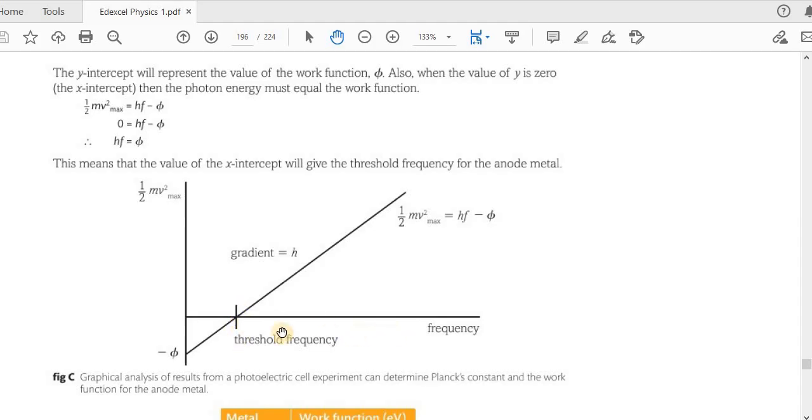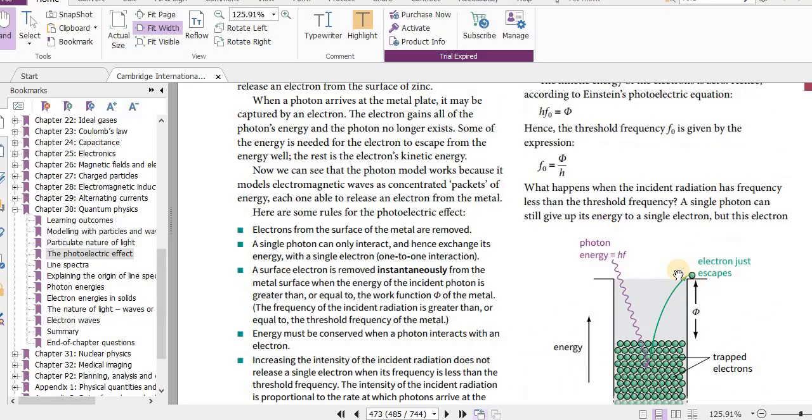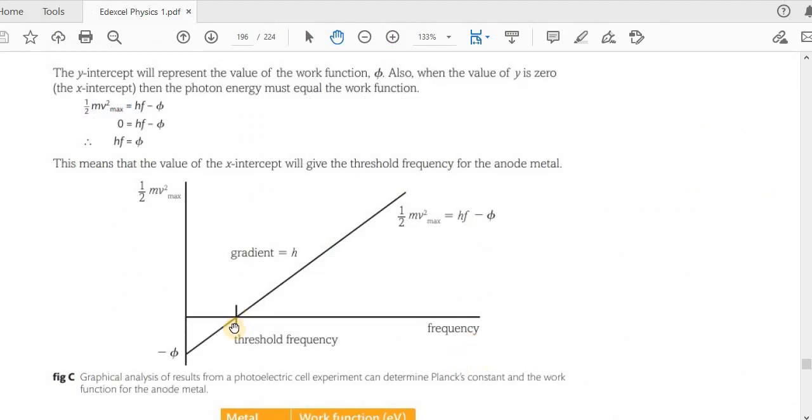Okay, so remember, when the kinetic energy is 0, that is the y value, the kinetic energy of the photoelectron is 0, that means f is the threshold frequency, because the electron is removed, but you can imagine it's like staying there. So that means f is f0 here. We will write it in a better way, then you will understand. This means that the value of the x-intercept will give the threshold frequency.